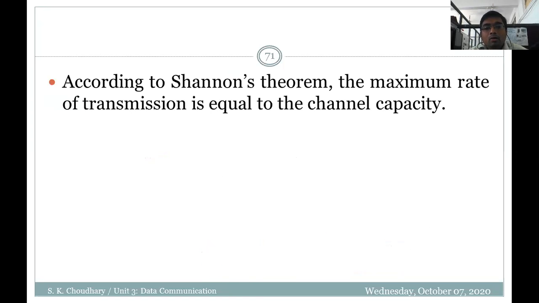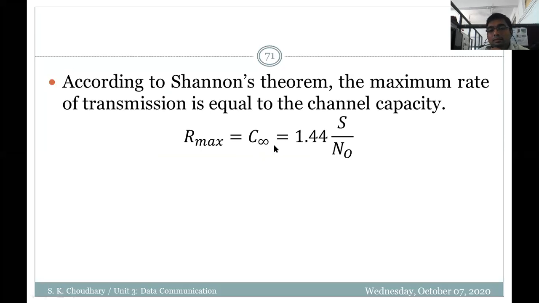According to Shannon's theorem, the maximum rate of transmission is equal to the channel capacity. It can't be greater than channel capacity. It could be at most equal to channel capacity, but practically it does not even achieve the value of the channel capacity. So the maximum information rate R max is equivalent to C infinity, that is 1.44 S upon N naught, because this is the practical value of the channel capacity.